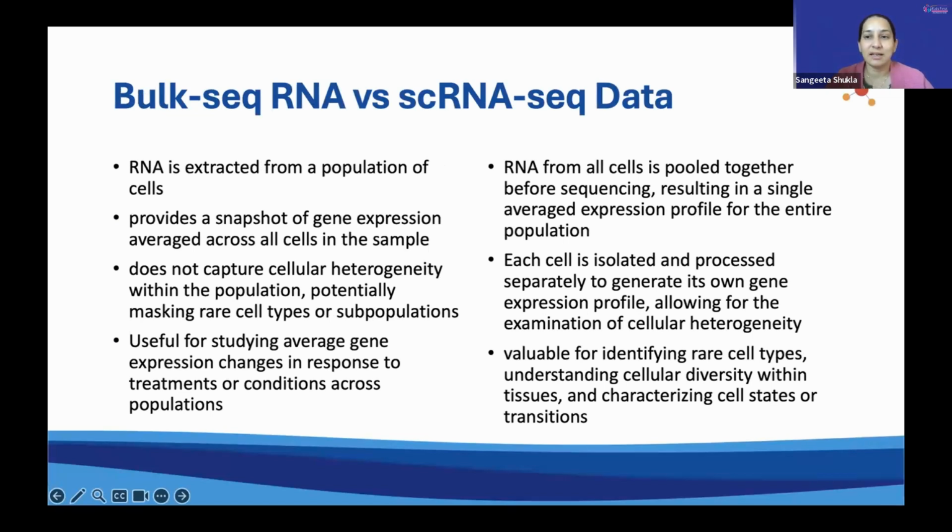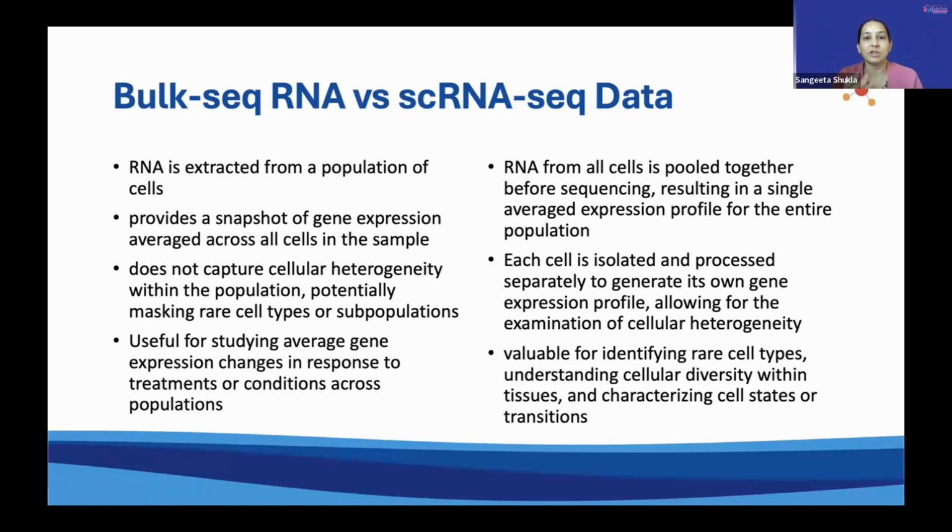We talked about RNA-seq analysis yesterday, and David gave us an in-depth description of exactly how that data is extracted and what the steps are to analyze it. So in terms of the biological understanding that we can extract from single cell data versus regular RNA-seq data: for regular bulk RNA-seq, RNA is extracted from a population of cells, and it gives us a snapshot of the gene expression that is averaged across all cells in a sample.